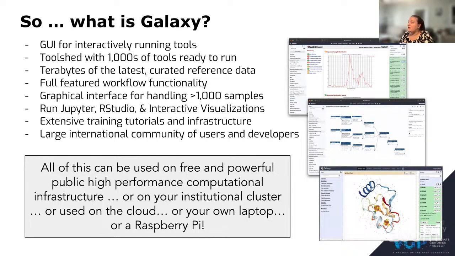There's a huge community supporting this platform, whether it's for developing tools, developing new functionality, or developing training material, among them the one that we're going to use today for the hands-on.